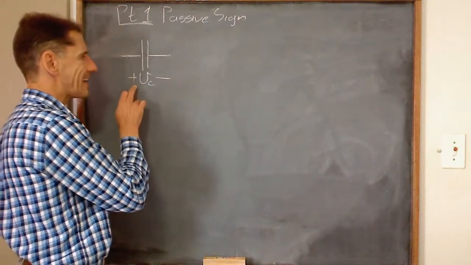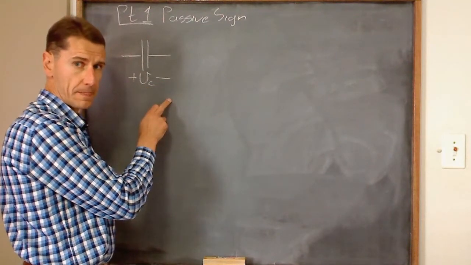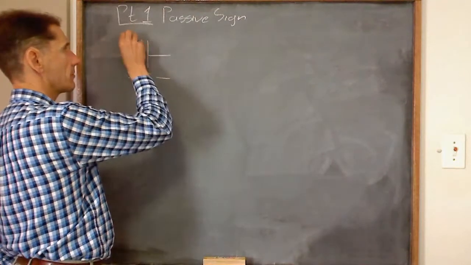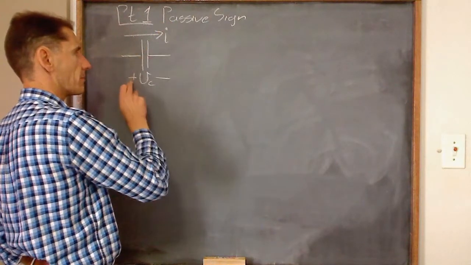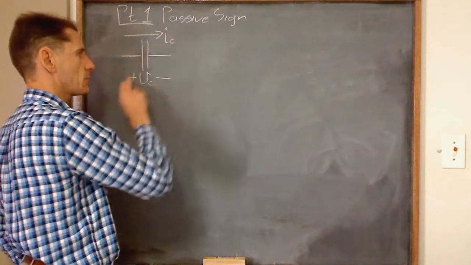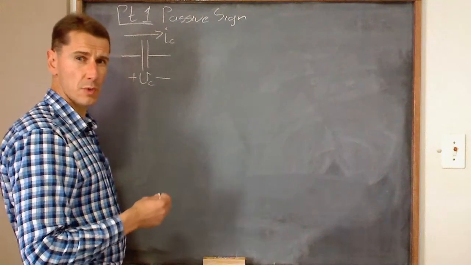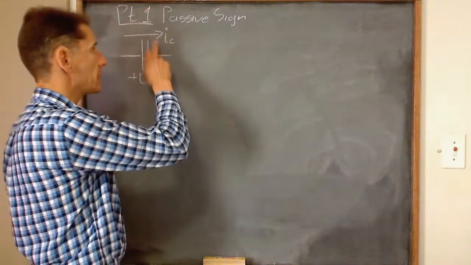Since they specify the voltage across the capacitor, the polarity implies the direction of the current, and current flows through a passive element in from the plus to the minus. So that will be the direction for the current. Why is this going to become important? Because we're going to do Kirchhoff current laws and KVLs, and then we need to know what the currents are.